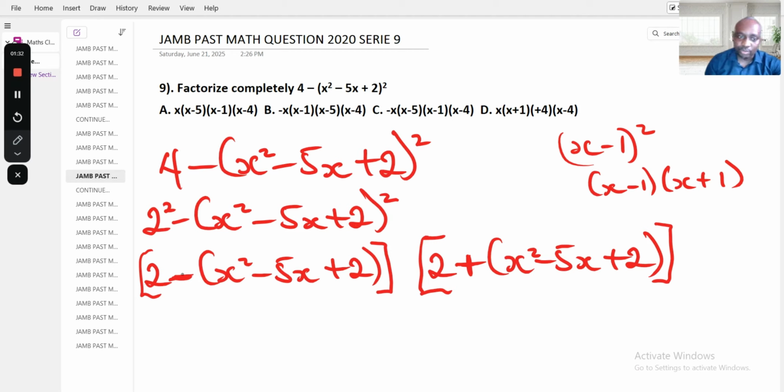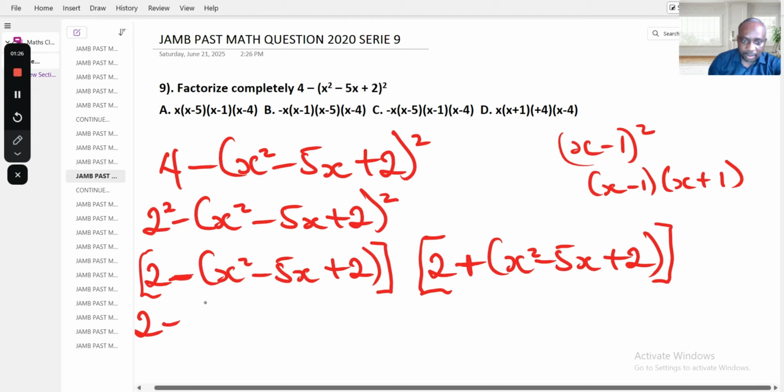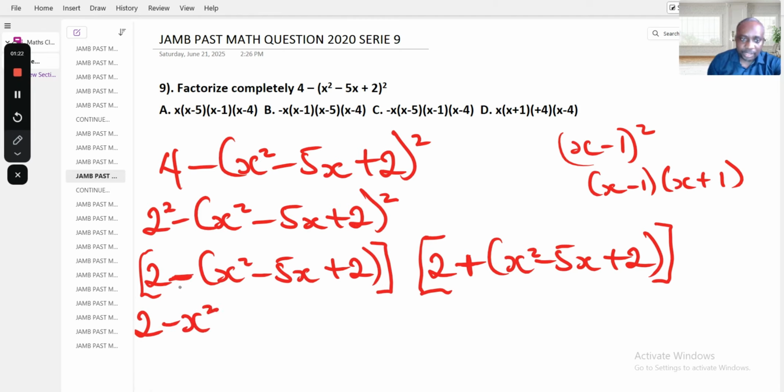Now we use minus for one and plus for the other. To open this bracket: minus times x squared, minus times minus gives us plus 5x. Again, minus times plus gives us minus 2. Now we have opened this one.